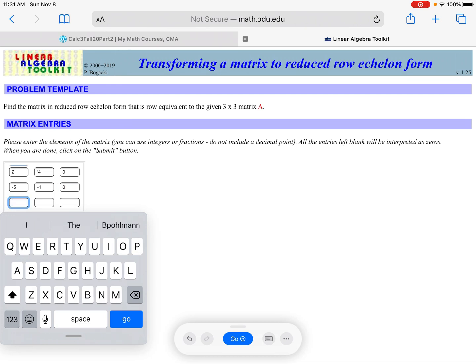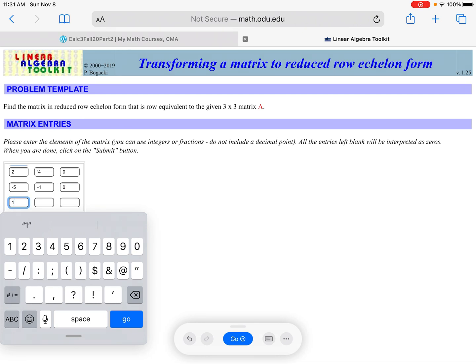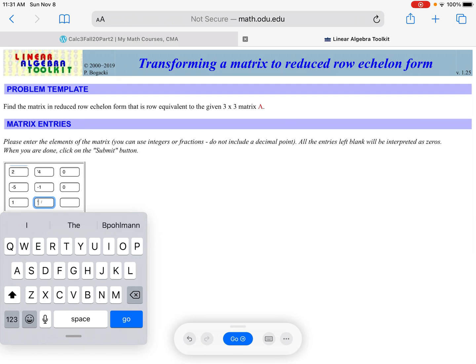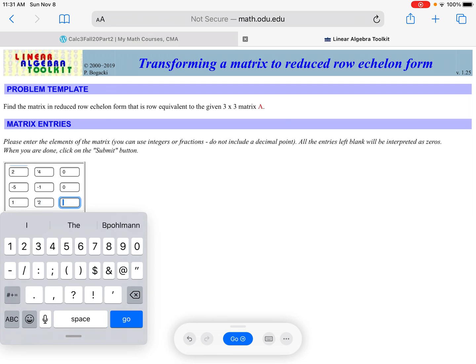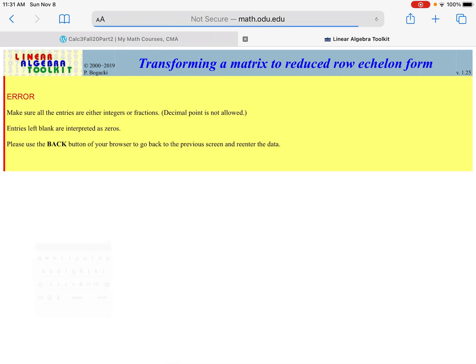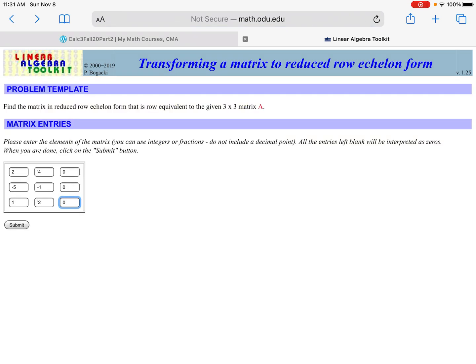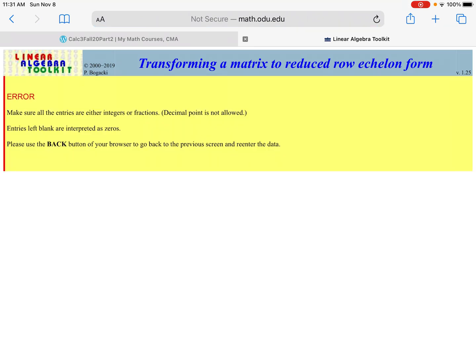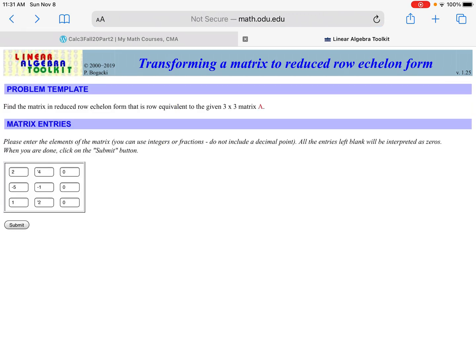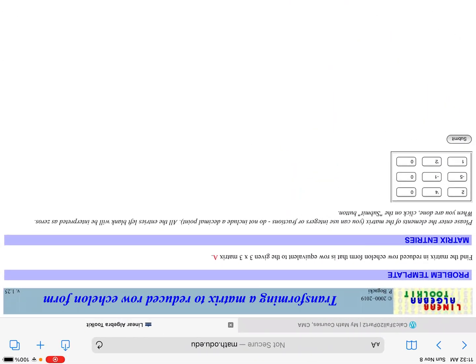It's easier with a keyboard and this silly pad. 1, 2, 0. Make sure I don't see any decimal points. I should have done it by hand by now.